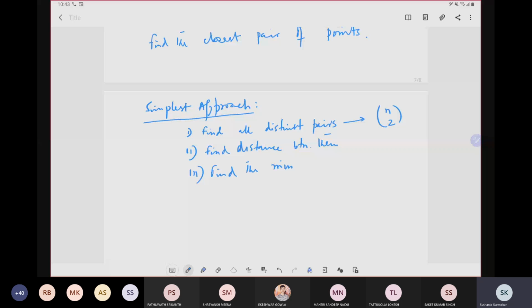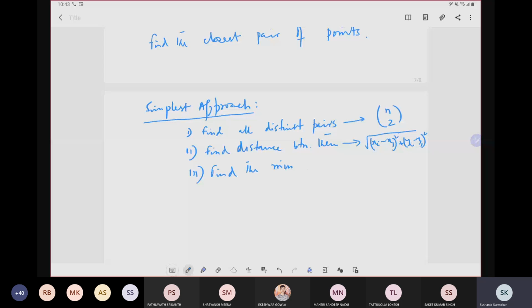So this is all possible pairs, and find distance between them. We know how to find the distance, the square root mechanism: xi minus xj whole square plus yi minus yj whole square. You calculate the distance and find the minimum.